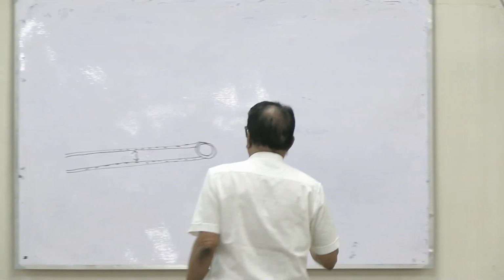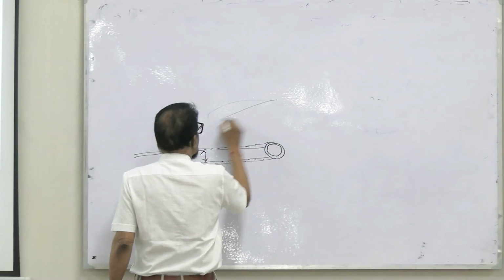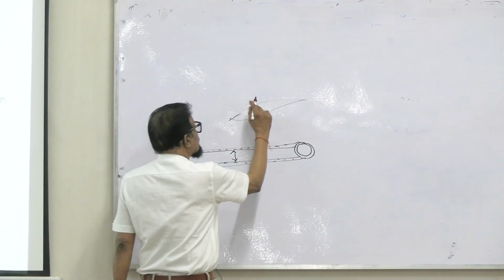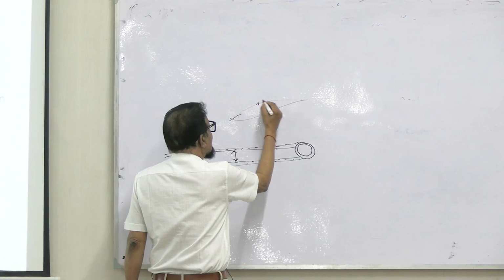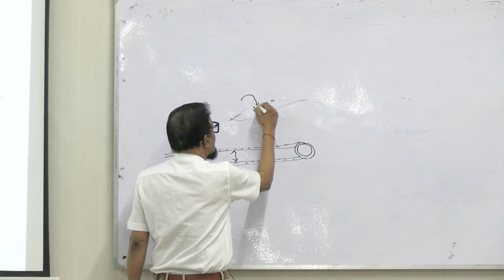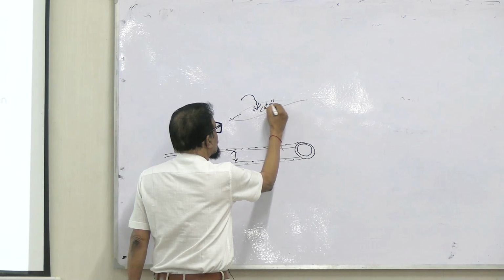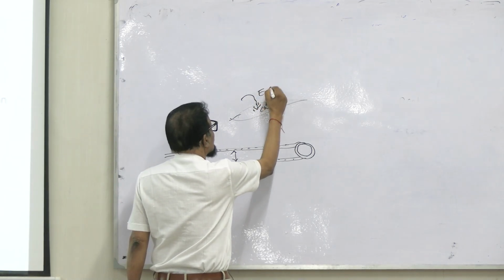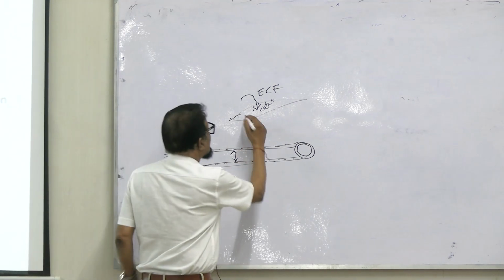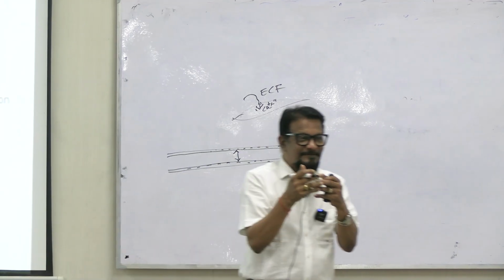Suppose this is the smooth muscle, so this will be stressed. Because of the stress, the calcium channel here will be opened. So calcium ions will enter into the sarcoplasm from the ECF. As a result, there will be contraction of the smooth muscles.